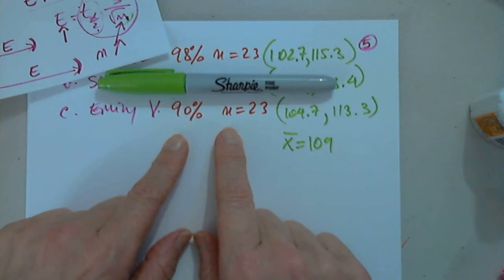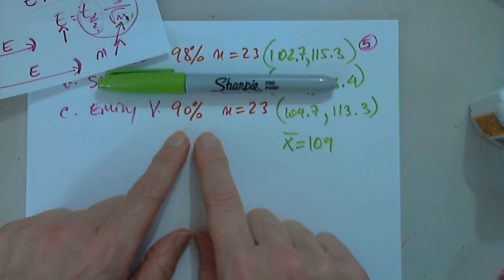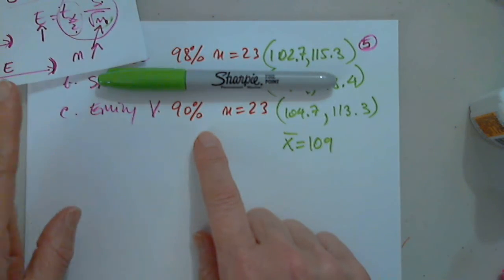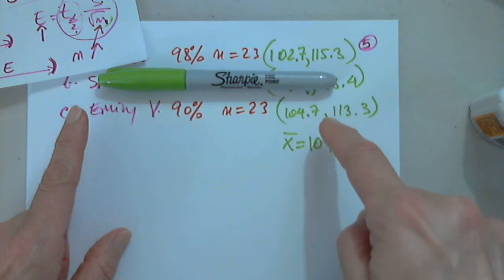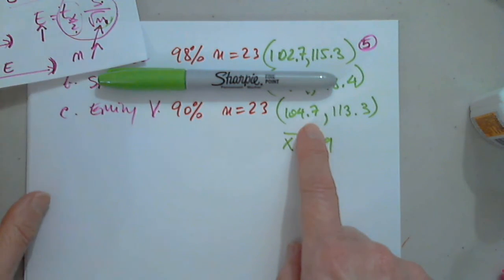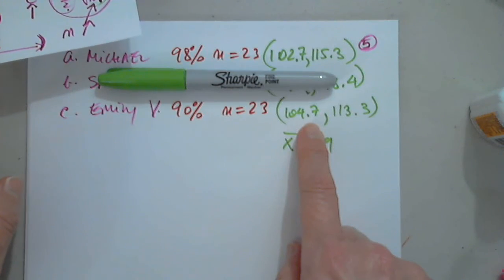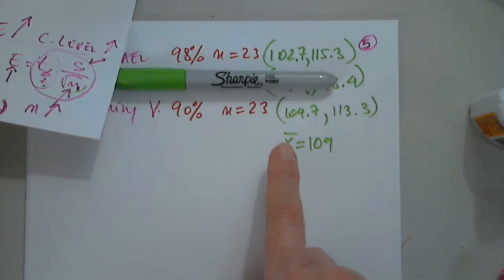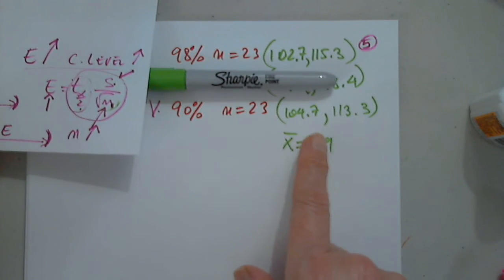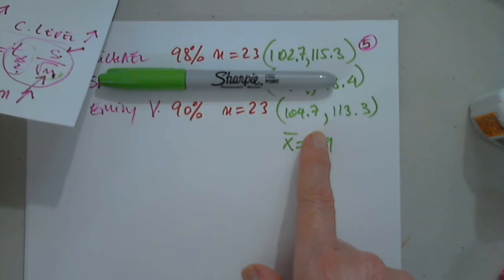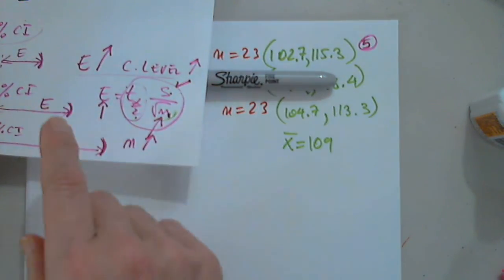So what happens when I decrease, for the same sample, from 98 to 90? For the same sample, does the error increase? No, when we decrease, the error decreases.